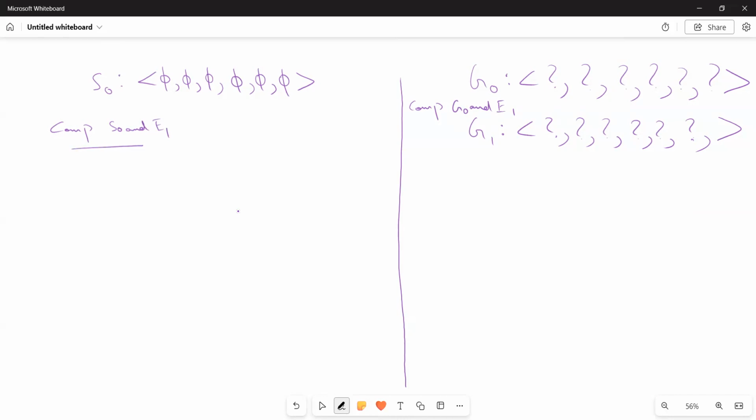Since it has a negative outcome, which is expected, when you compare this hypothesis with E1 it is negative, but still your outcome is positive, right? So hence it is inconsistent.